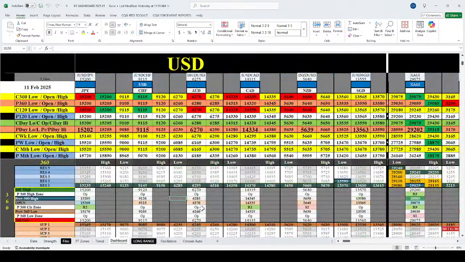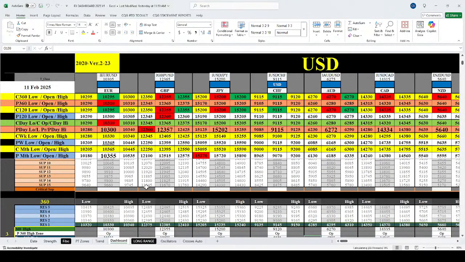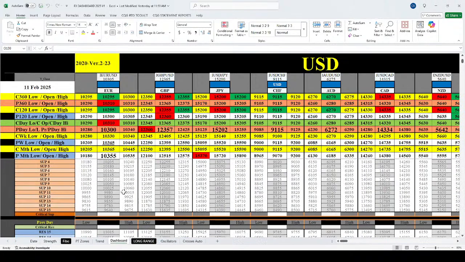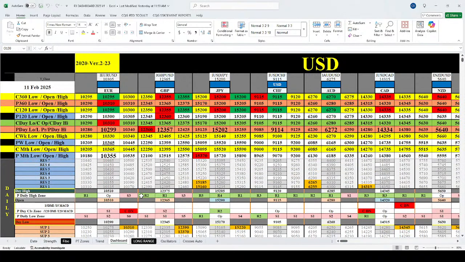So let's see the dashboard. The dashboard says that we should be holding sell below 365 and 385, and also 310. So we don't see the price going above 385.